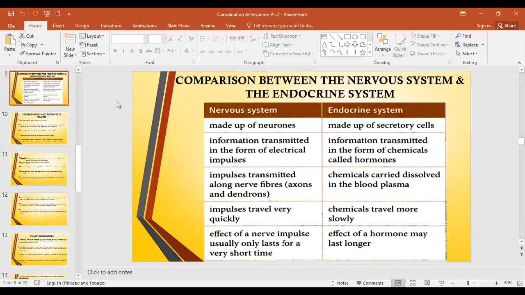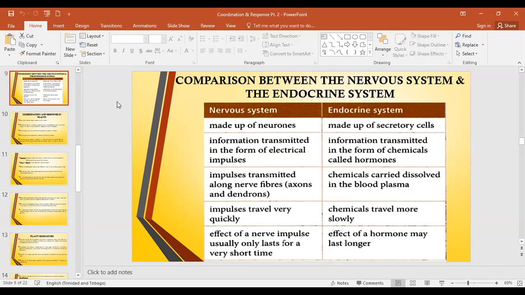Your nervous system transmits these electrical impulses along nerve fibers, whereas your endocrine system carries chemical hormones that are dissolved in the blood plasma. Nervous system impulses travel very quickly, but in the endocrine system they travel slowly, according to your blood pressure.